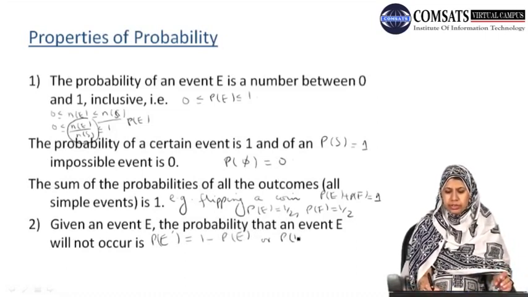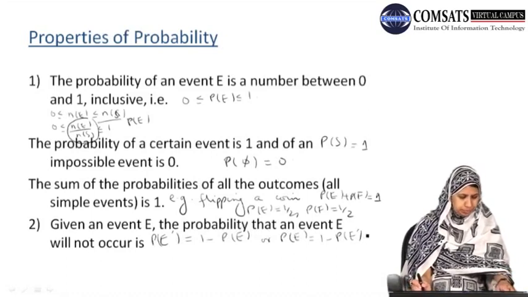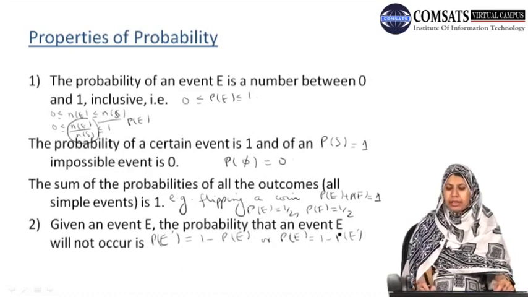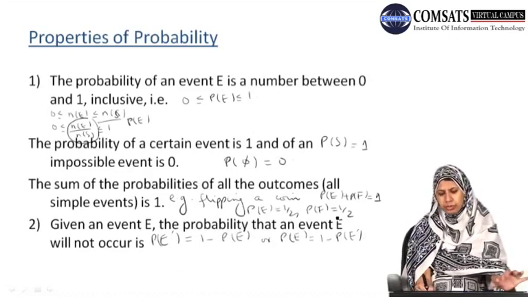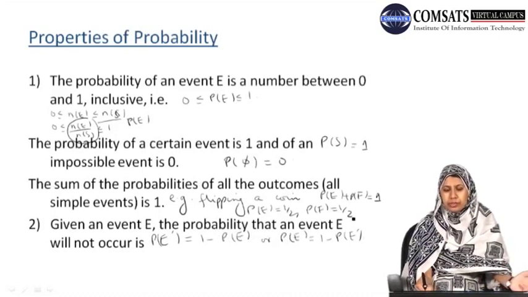Or in other words, the probability that the event will occur is equal to 1 minus the probability that the event will not occur. The case of flipping a coin also fits here. That is, the probability that we will obtain a head is 1 by 2. It can also be calculated by knowing the probability of the complement, that is the probability that the head will not occur, means we will obtain a tail which is 1 by 2, and 1 minus 1 by 2 is 1 by 2.